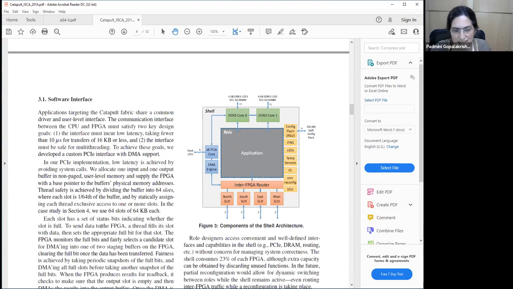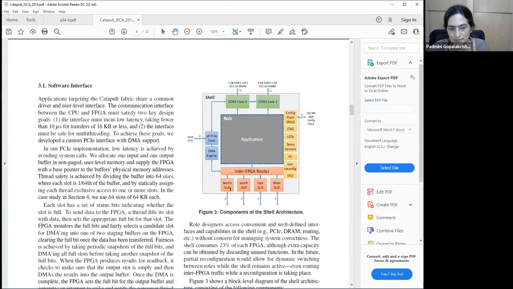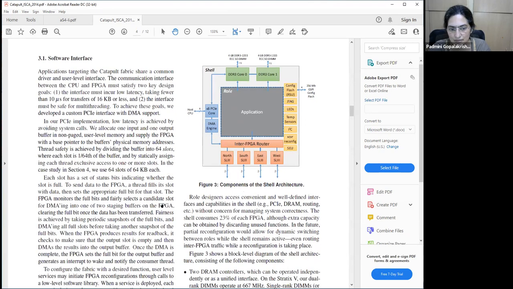Each slot has a status bit that tells you whether it's full, and the thread sets the bit. The FPGA itself will monitor that bit and select the slot so that you can do the DMA and transfer it to a staging buffer which sits on the FPGA. All this is taken care of in the shell. The input-output handshake. Is this clear at a high level? Any questions here?